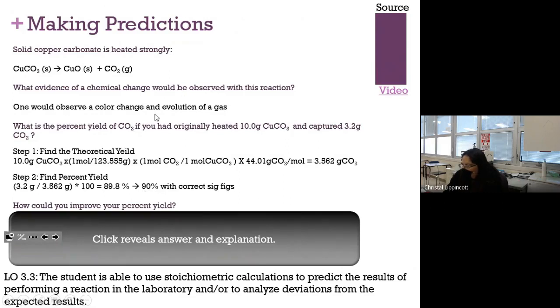How could we improve the percent yield? Well, if we think about Le Chatelier's principle and equilibrium, what's the only thing that's going to be part of that equilibrium constant here, and why?